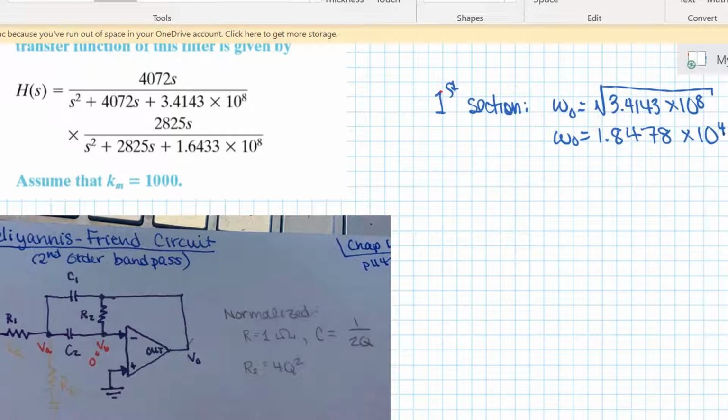And then you look at the coefficient of s. That's what's going to help us find our Q.